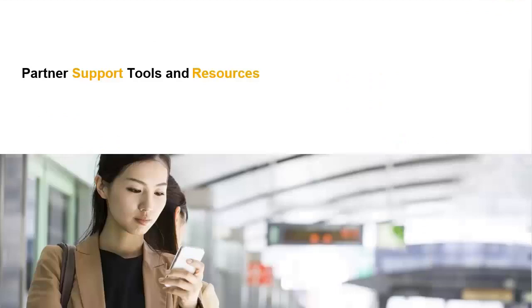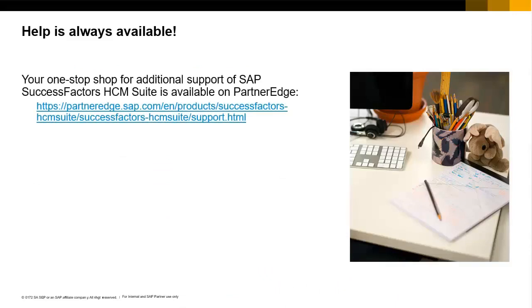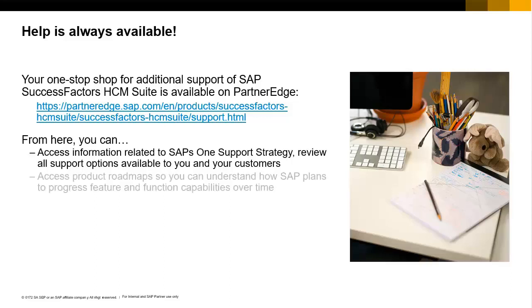Now let's review partner support tools and resources. Help is always available. Your one-stop shop for additional support of SAP SuccessFactors HCM solutions is available on Partner Edge. From here, you can access information related to SAP's One Support strategy and review all support options available to both you and your customers. You can access product roadmaps so that you can understand how SAP plans to progress feature and function capabilities over time.